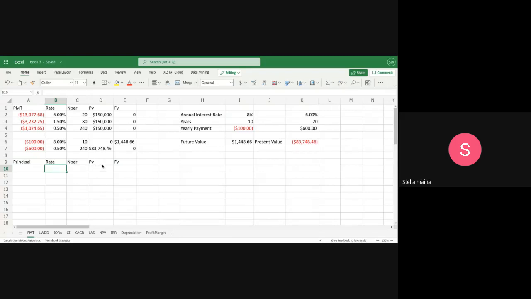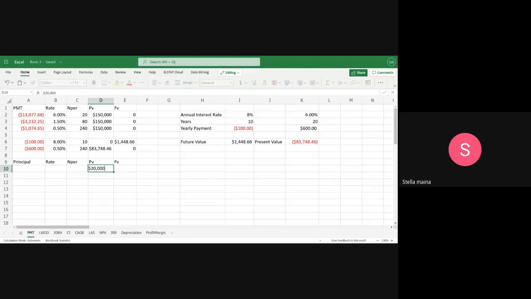That's the amount borrowed. So we want to calculate the principal part of the payment.